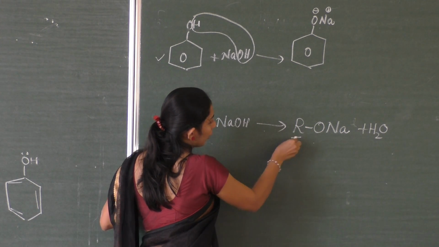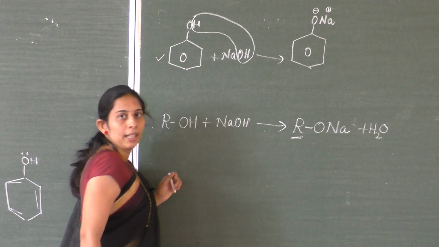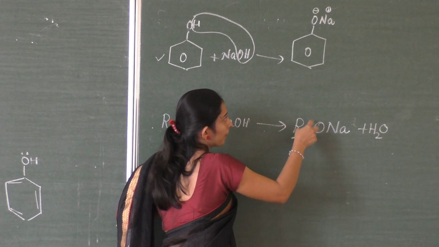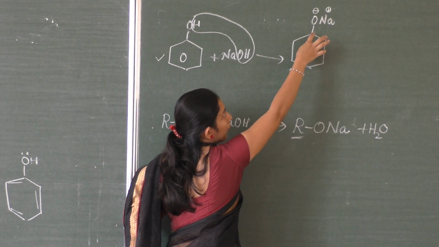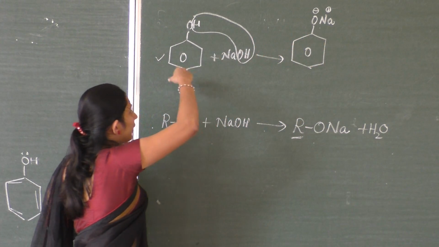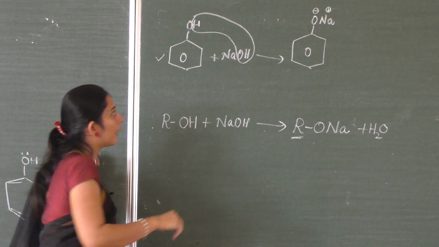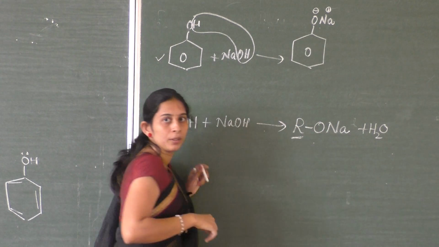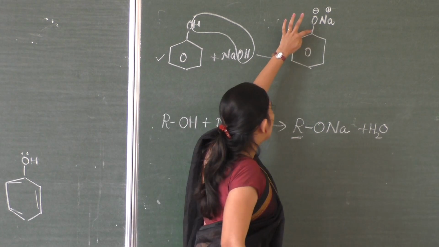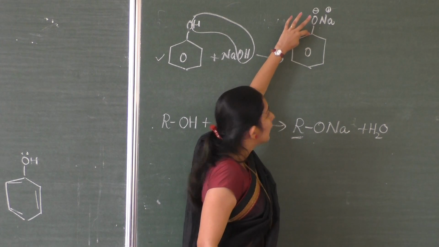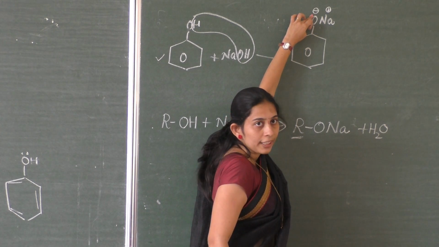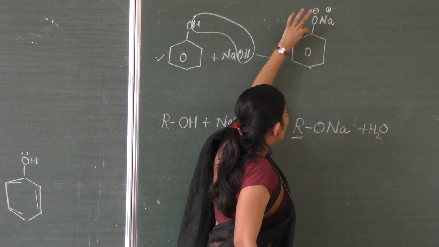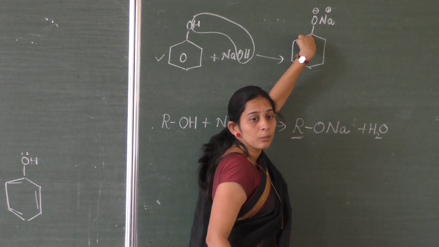So this R group is an electron releasing group, whereas here benzene, we can write it as R, general formula becomes R. So R is an electron withdrawing group. So what happens here, an electron withdrawing carbon is there, an electron donating oxygen is there. So the electron density on the electron withdrawing carbon is more.